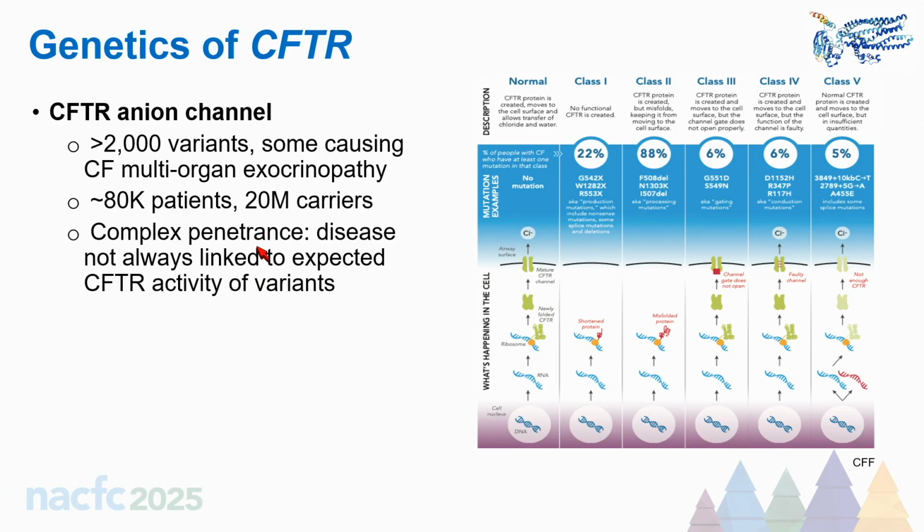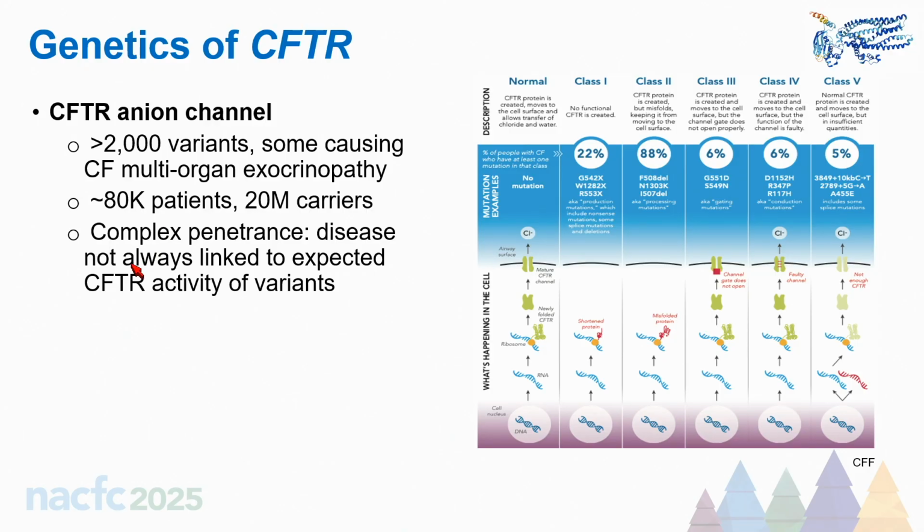But what we know is that the penetrance is going to be different depending on the organs, depending on the age, depending on other loci. So some other polymorphisms might be co-inherited as part of haplotypes. So this is really complicated.